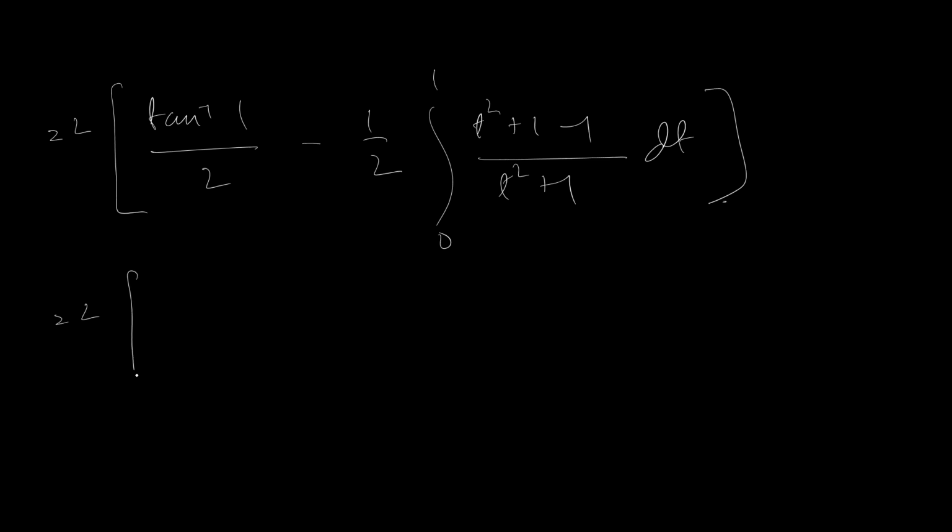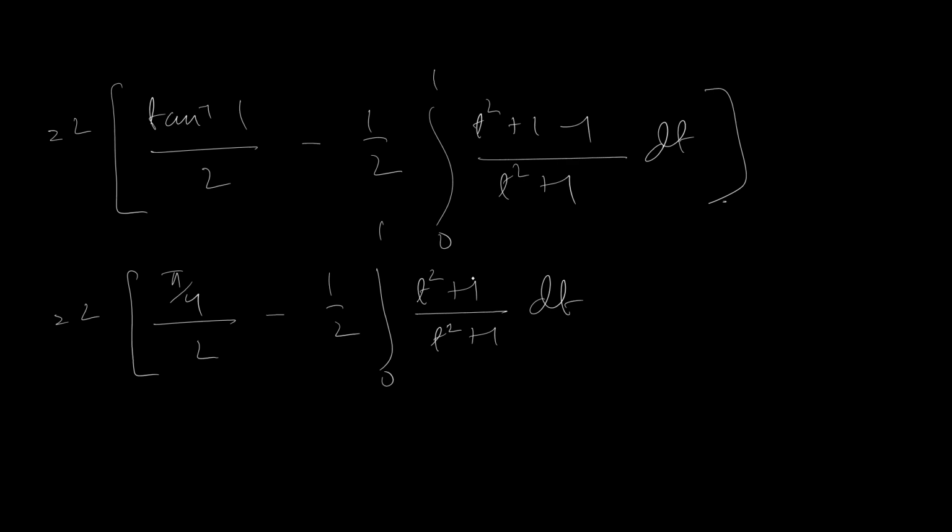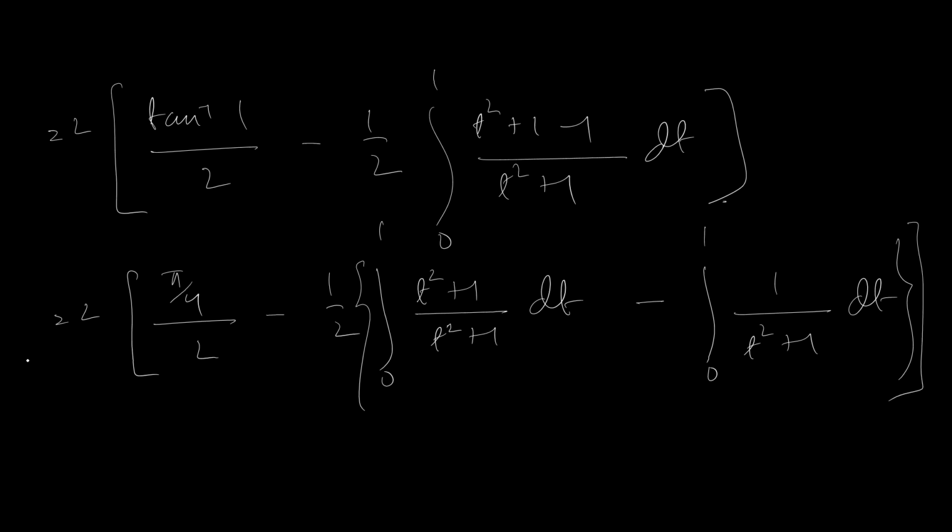So this is equals to 2 tan inverse 1, this will be pi by 4 by 2 minus 1 by 2, integral 0 to 1 of t square plus 1 by t square plus 1 dt, give a bracket here, dt minus integral 0 to 1 of 1 by t square plus 1 dt. Bracket close, and square bracket close.